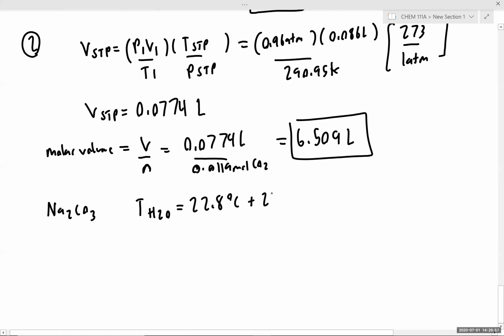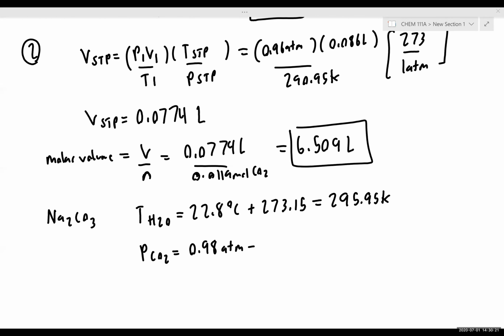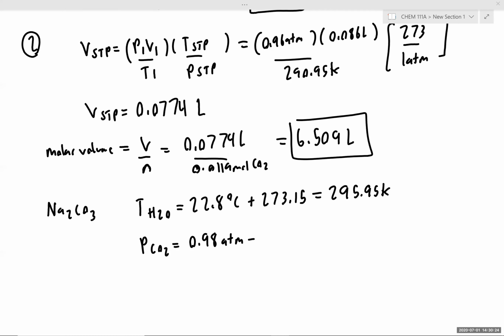Okay, let's convert that into kelvins by adding 273, and that gives us 295.95 Kelvin. The pressure of carbon dioxide is going to be equal to our atmospheric pressure, which is 0.98 atmospheres, minus the vapor pressure of water at that temperature, which is approximately 22.4 millimeters of mercury.